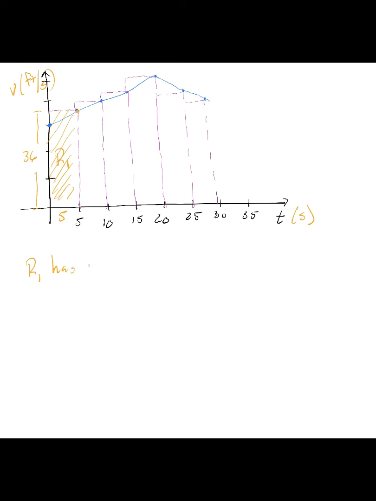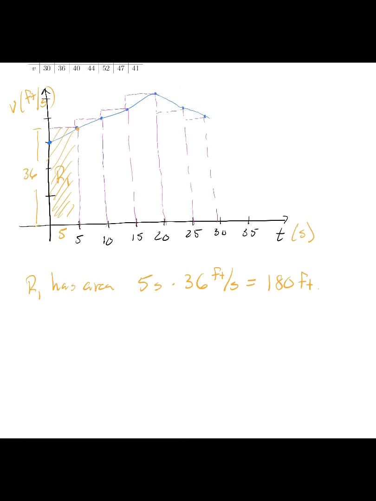R1 has area 5, whose units are seconds, times 36, whose units are feet per second. And those units are definitely going to give me feet when I multiply. So that is 180 feet. So I get a distance when I find the area of that rectangle. And so that distance is the distance traveled from 0 to 5.